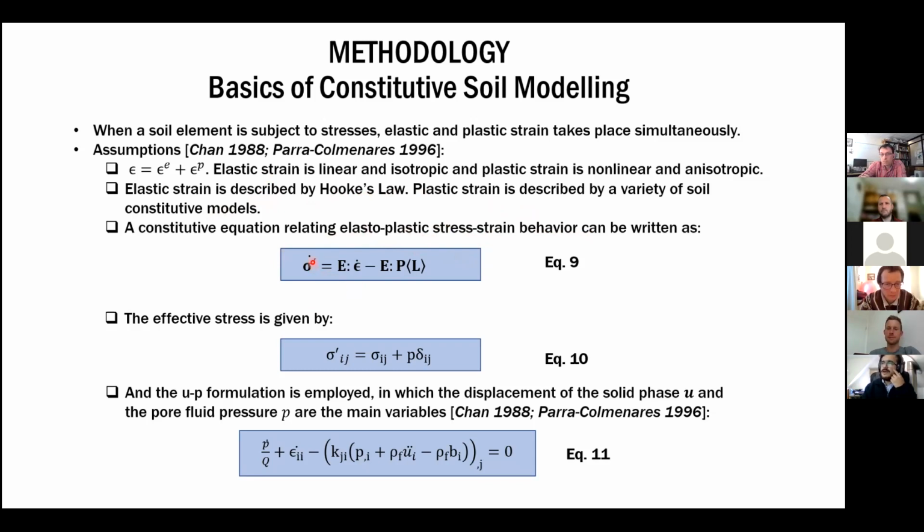Here, the dot over the stress and strain represents that this is an incremental description; that is, we are going to deal with changes in stress and changes in strain. E is the elastic coefficient tensor, P is the tensor defining the direction of the deformation in the stress space, and L is the plastic loading function.